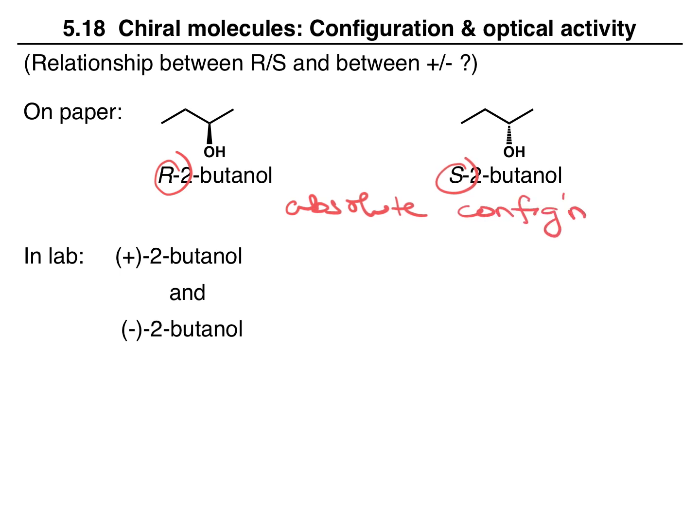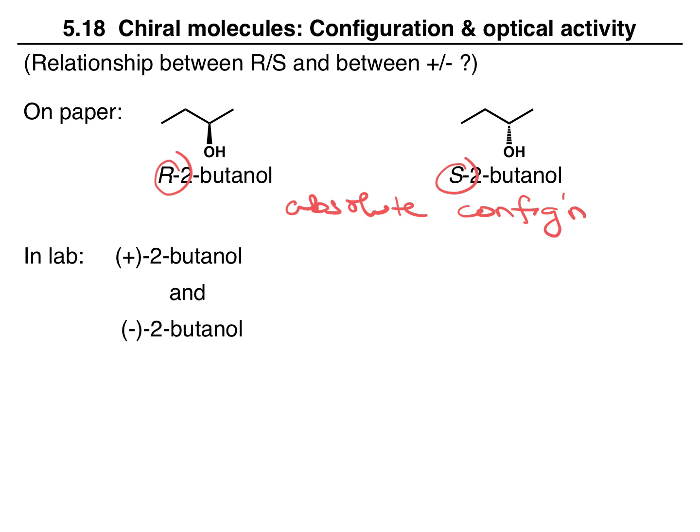Now in lab, you can have a couple of samples, and let's say by boiling point, IR, NMR, you know that it is 2-butanol. Using a polarimeter, you can find that one sample rotates in the plus direction and the other sample rotates in the minus direction. But to determine whether the plus or the minus goes along with the R or S is actually not straightforward.